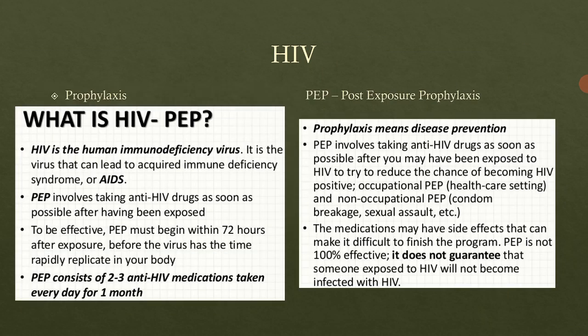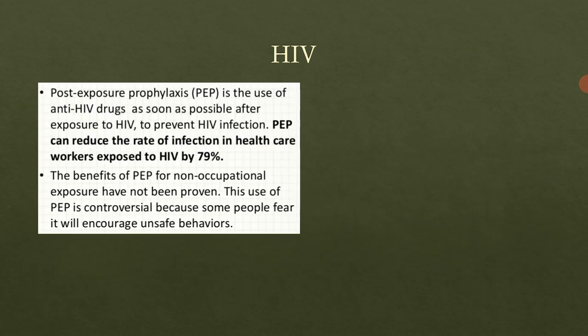So the post exposure prophylaxis we can conclude as the use of anti-HIV drugs as soon as possible after the exposure. PEP can reduce the rate of infection in healthcare workers exposed to HIV by 79%, which is a very efficient percentage.